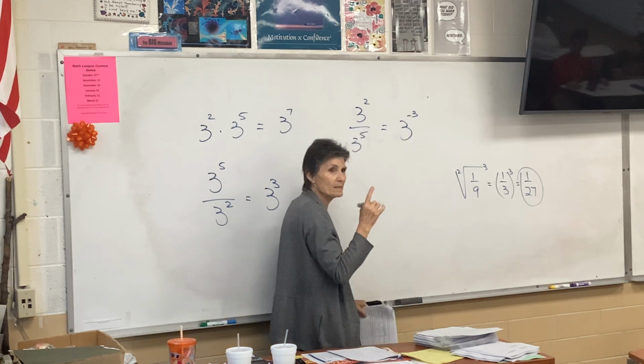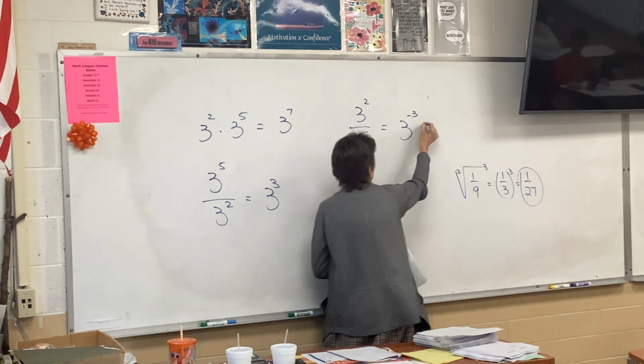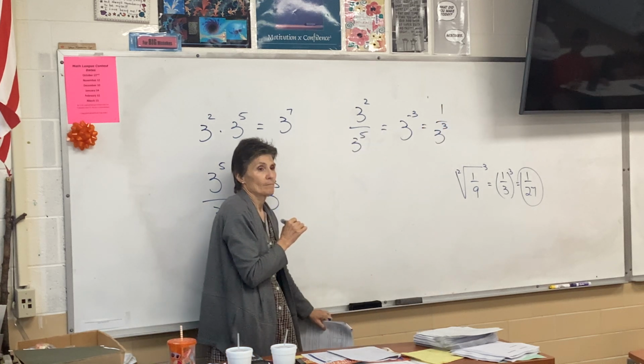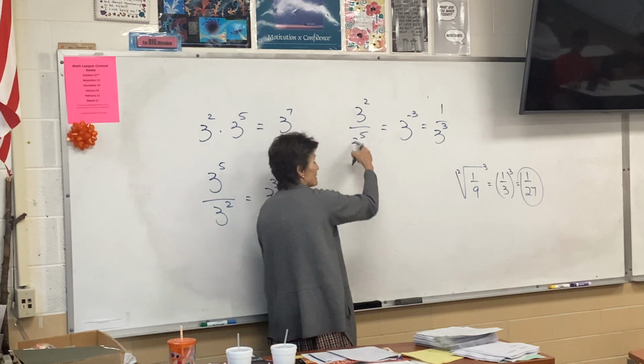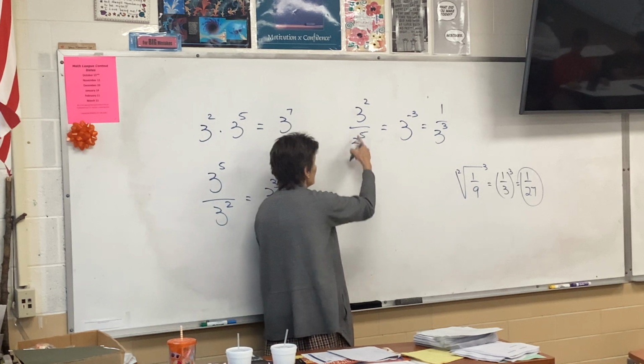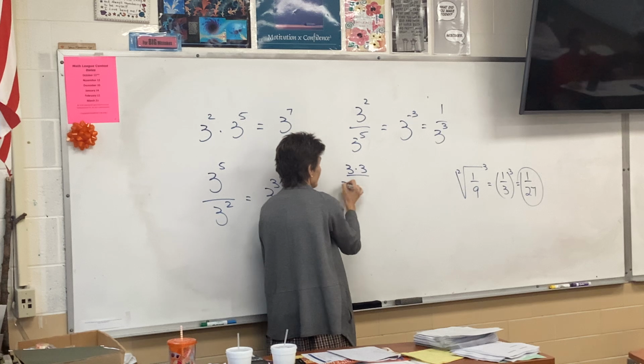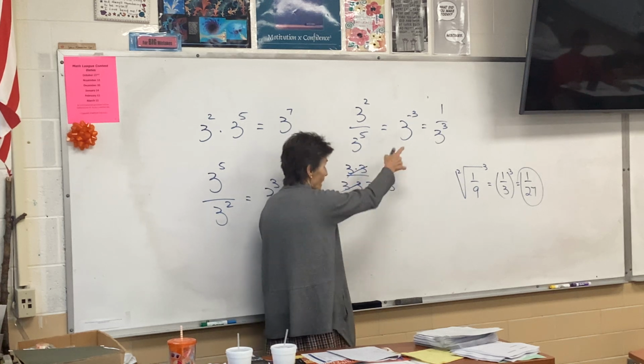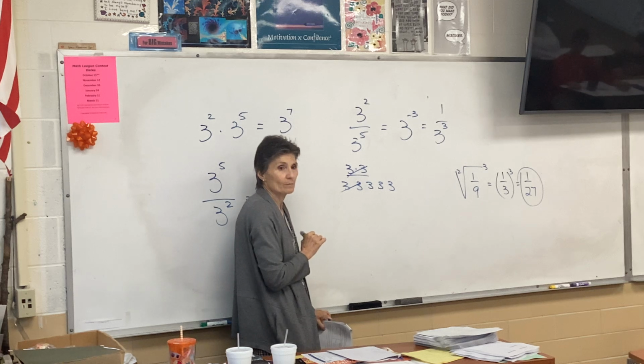But I know that 3 to the negative 3rd is 1 over 3 cubed, which of course makes sense in terms of the original problem, because that's 3 times 3 over 3, 3, 3, 3, 3. Doesn't it make sense that I would end up with 1 over 3 cubed?